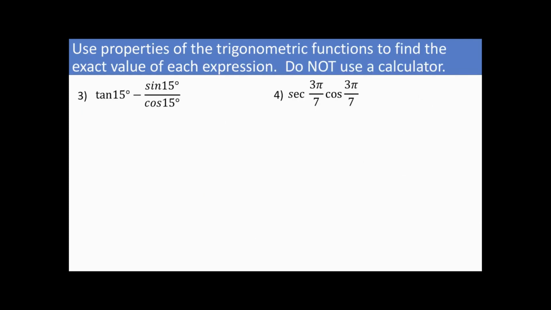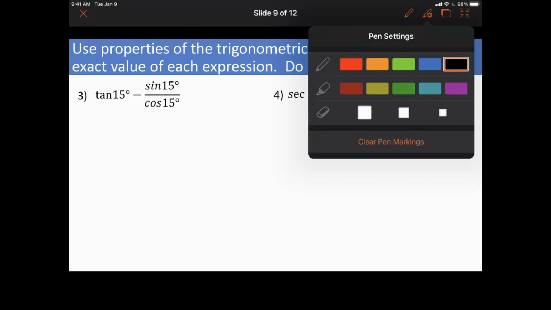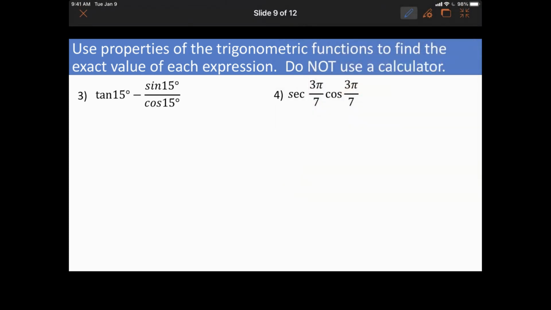All right, so we're going to use our properties to evaluate the expression. We're not going to use a calculator. Hopefully you have your notes so you can look at your properties. I have tangent of 50. This is not a special angle that I know. So I'm going to have to use a property.